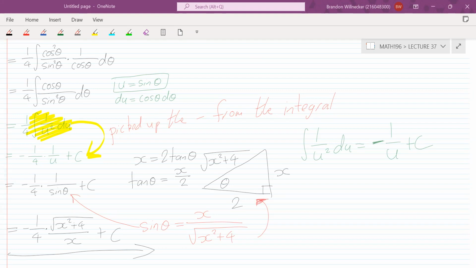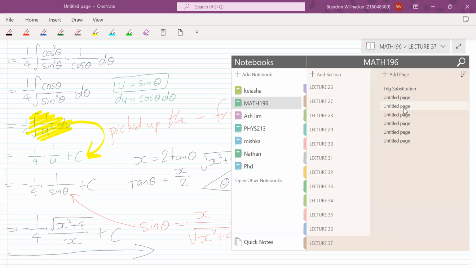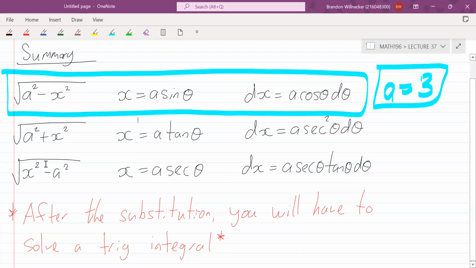Okay, let's put a little homework question here for the last one. The last case we have to worry about is x squared minus a squared. So let's put that as a homework question.